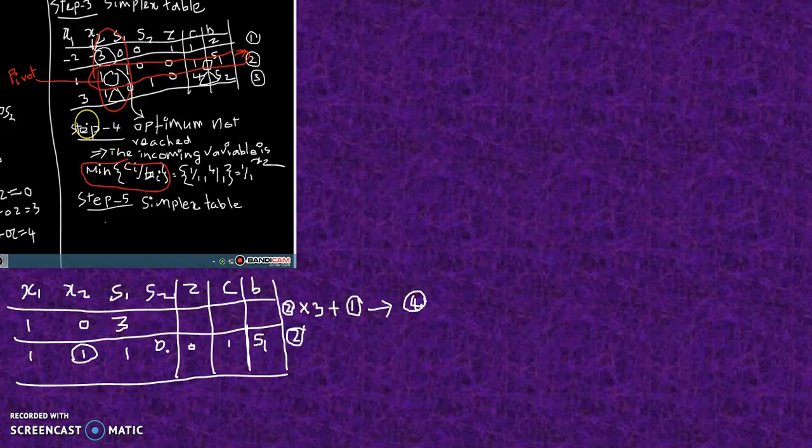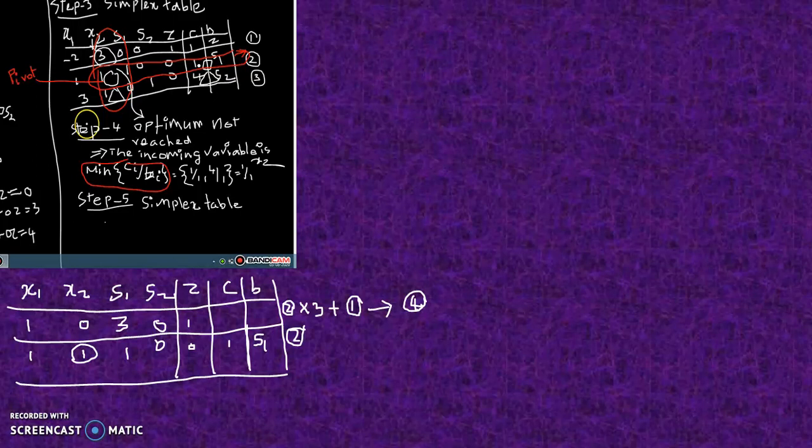Similarly, multiply by 3, add with it, you will get 0. Multiply by 3, add with this, 1. Multiply this by 3, add with this.